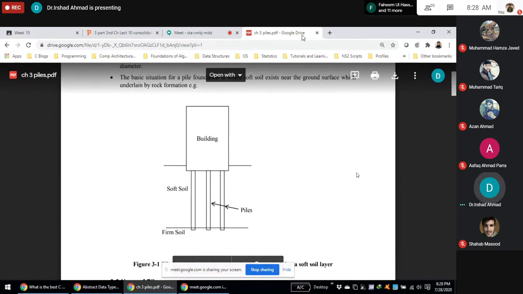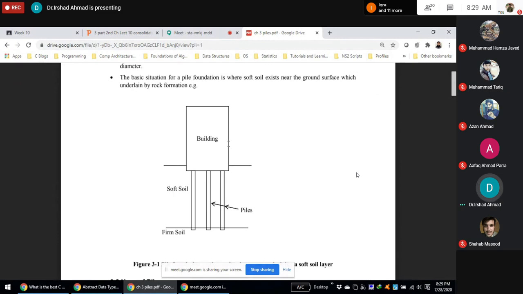Pile, in this figure you see this is a very ideal and favorable situation for piles. This is a building, probably a large building, and below the building foundation there is soft soil. So if you construct a shallow foundation, it may lead to huge settlement.